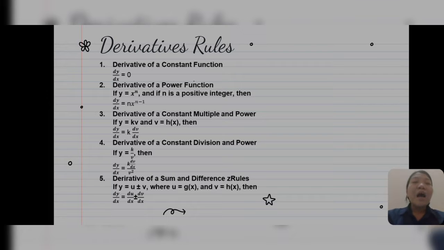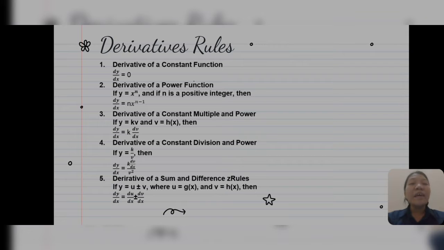That means every function that only consists of a constant, whether it's 1 million or 100, is going to get 0.